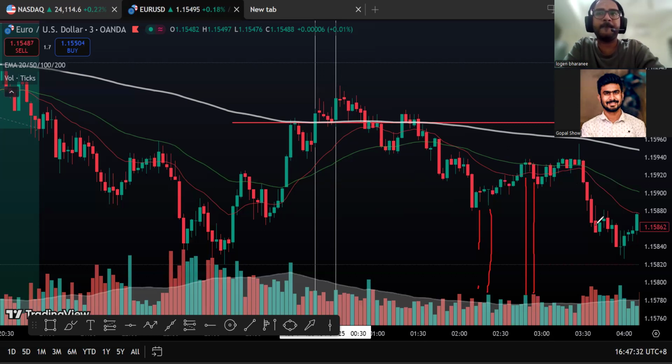If you compare these buyers and those buyers, very less. And when the price came to the bottom area, the volume came very strong. Now you have to be alert. You have to be alert why this volume came at the bottom.